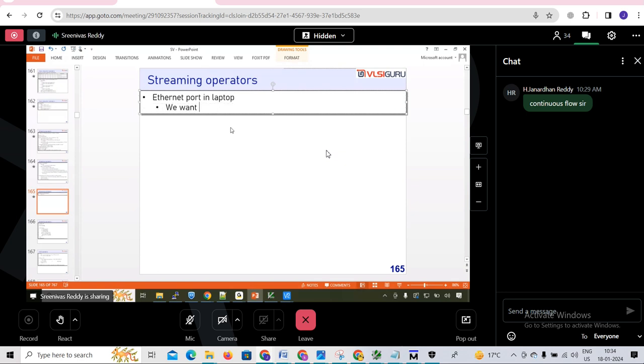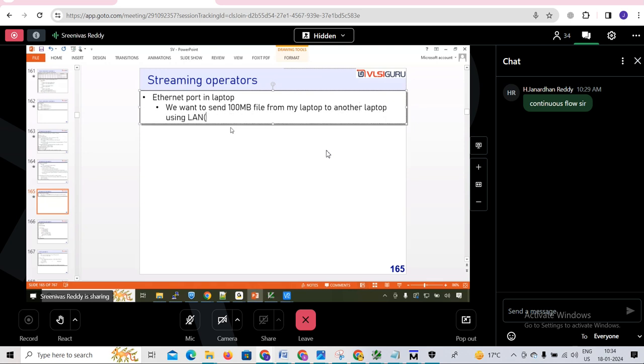We want to send a 100 megabyte file from my laptop to another laptop connected on LAN using an Ethernet cable. Please read that statement.